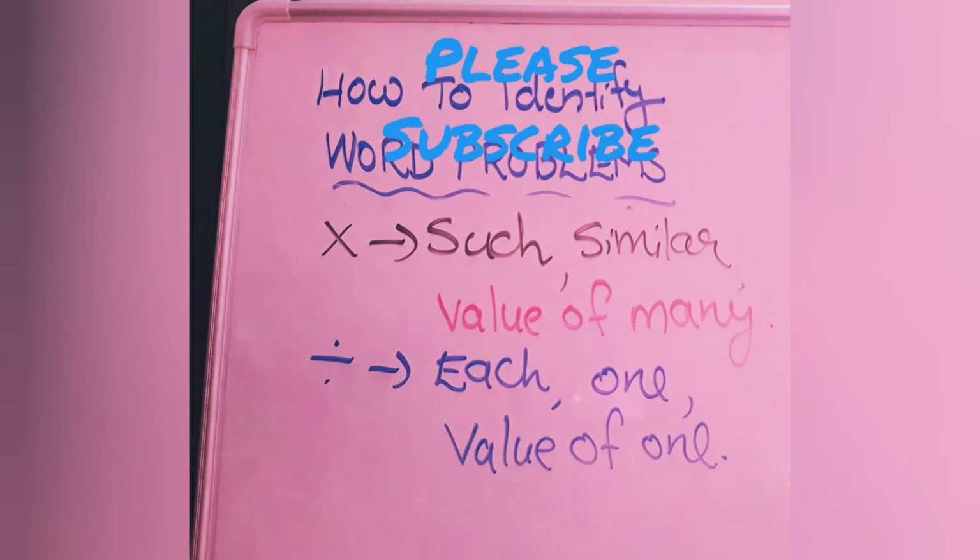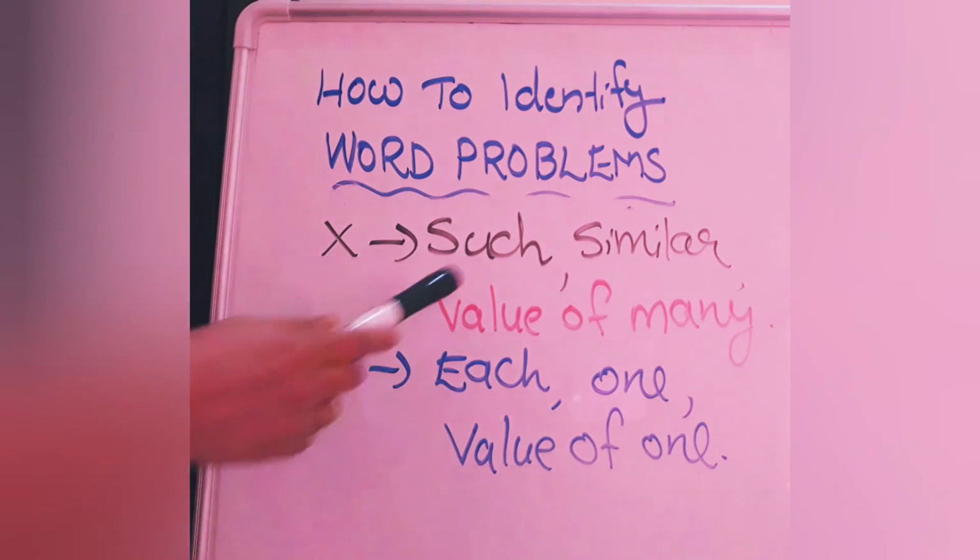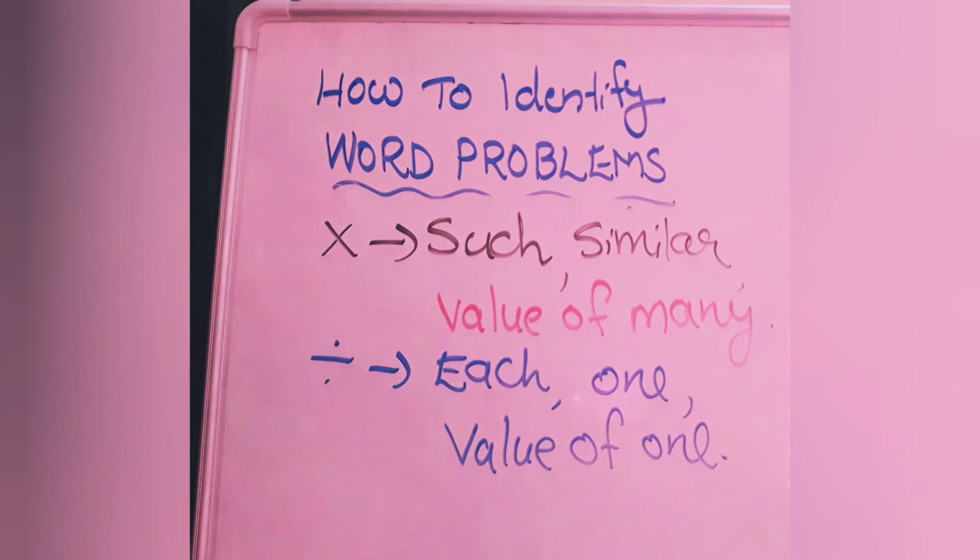Into, such, similar. These two are the main keywords. How many are there in similar boxes or how many are there in similar packets? These two are the keywords to remember for multiplication word problems. If these two keywords are not there, you have to think: the value of 1 is given, and many we have to find out.